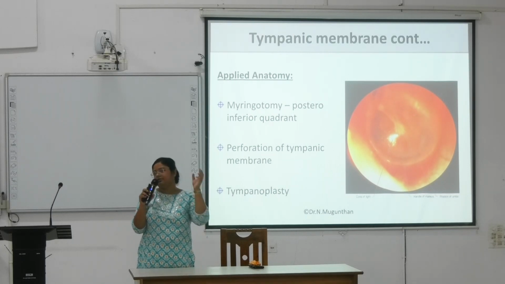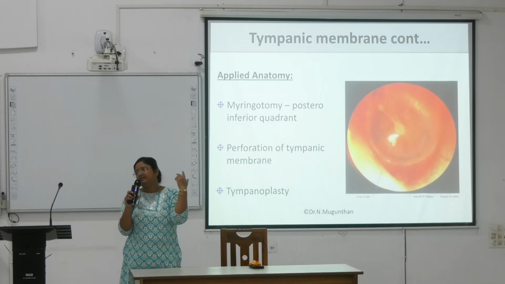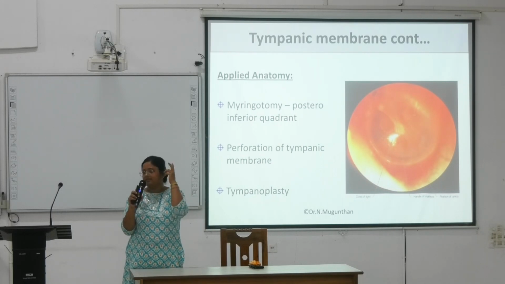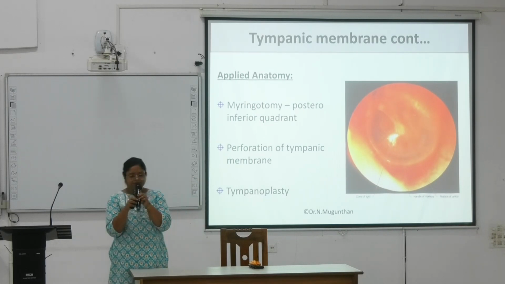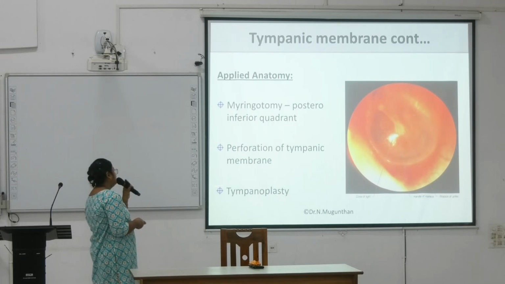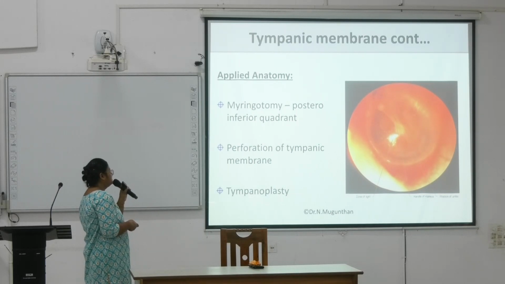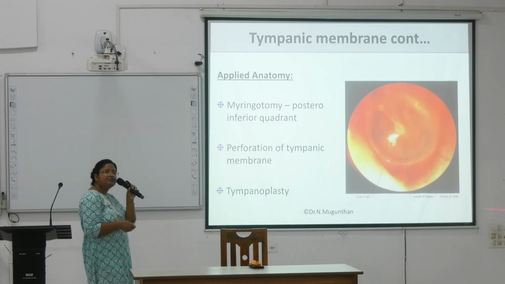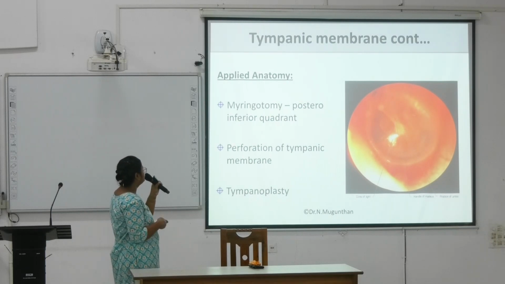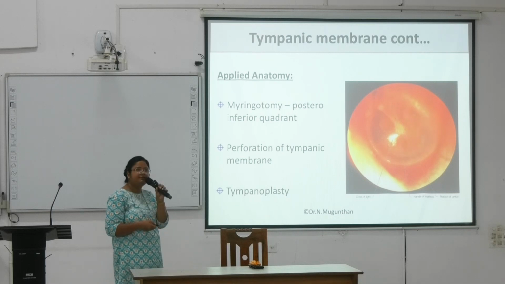This is taken because it is nearby to the ear and there is less chance of rejection. This is a good graft material for the tympanic membrane. So the temporal fascia is taken and placed at the position of the tympanic membrane. This operation is known as tympanoplasty. It is done in perforation of the tympanic membrane.